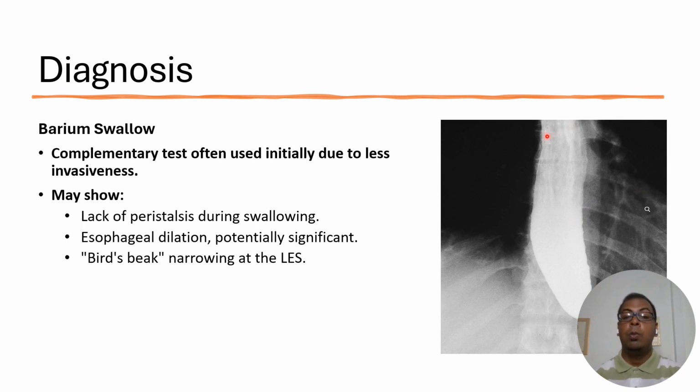The white area is actually the very dilated esophagus, and then you're going to see a bird's beak appearance in the distal part of the esophagus. So narrowing, and that's as a result of narrowing at the lower esophageal sphincter. And this is known as the bird's beak appearance in patients with achalasia.